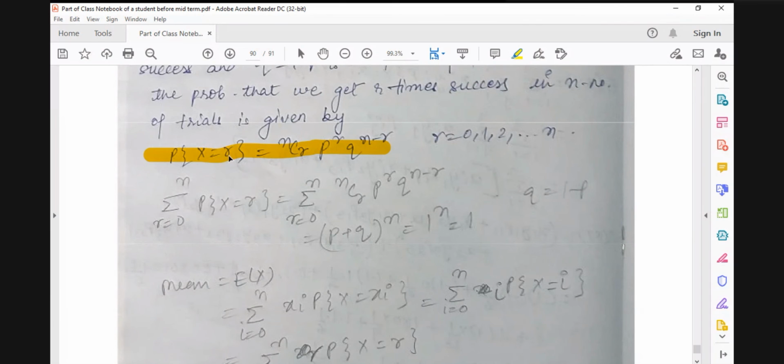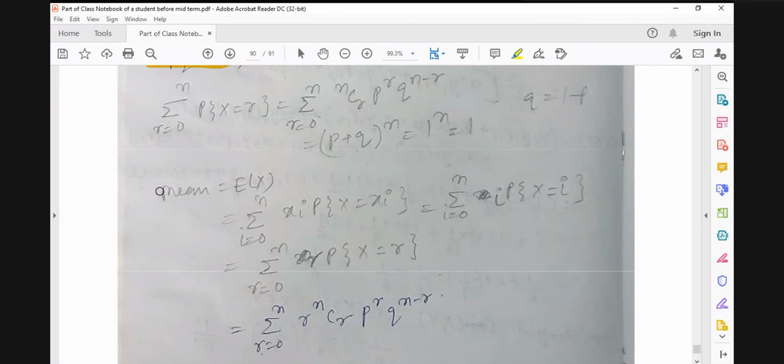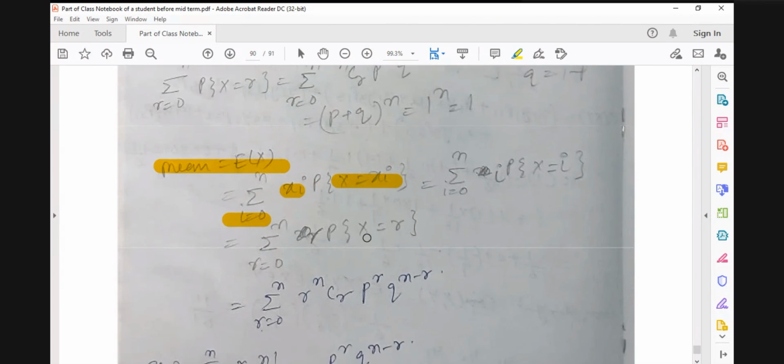Probability that x equals r is nCr p raised to power r q raised to power n minus r, where r runs from 0 to n. Then if someone told you to find the expectation of x, that is the mean, you know that summation i goes from 0 to n, xi, probability that x equal to xi.